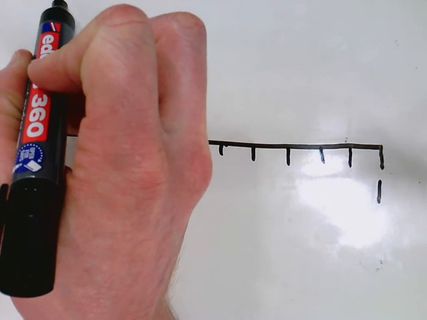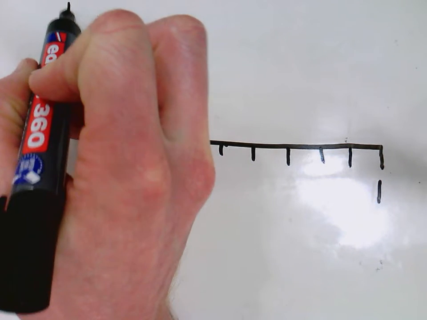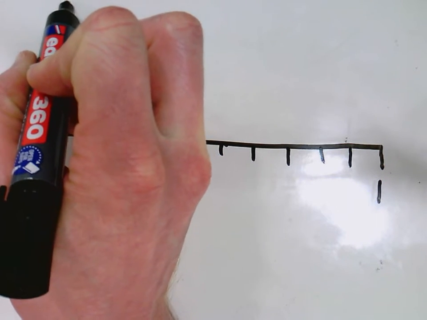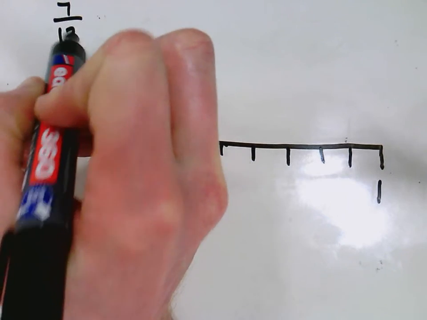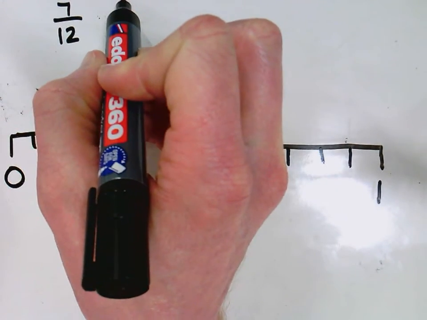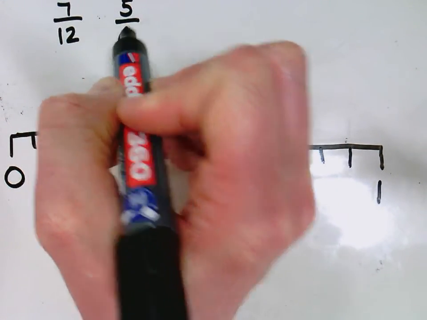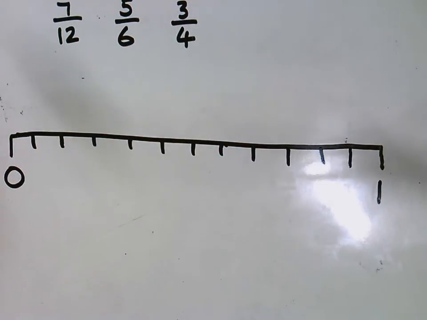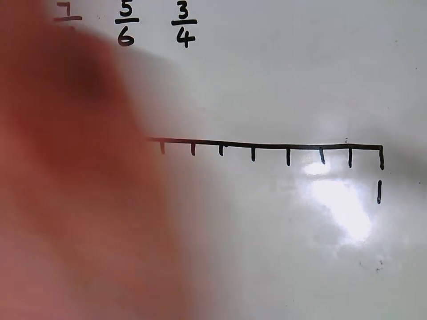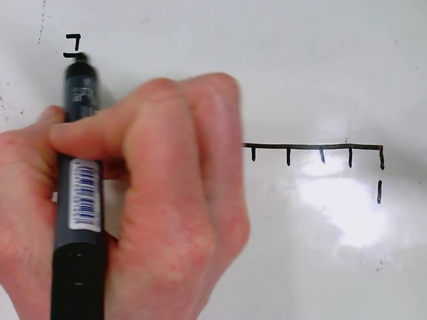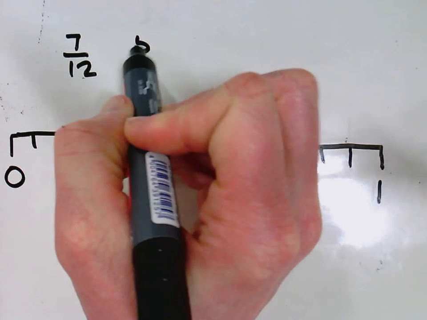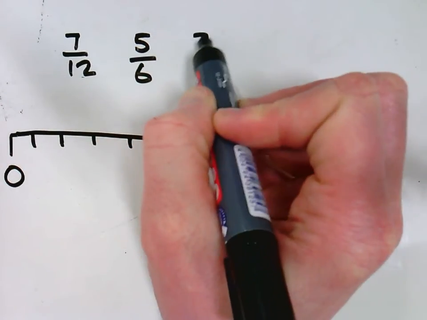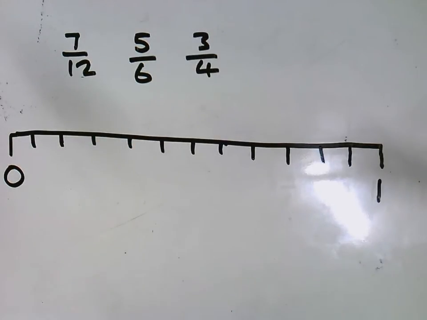We may be asked to put on that number line the following fractions: 7 twelfths, 5 sixths, and 3 quarters. Let me just put those on so you can see them. So 7 twelfths, 5 sixths, and 3 quarters.